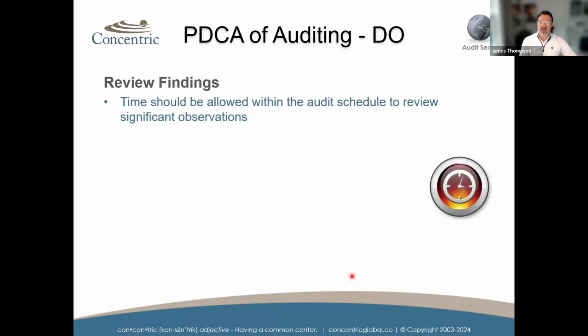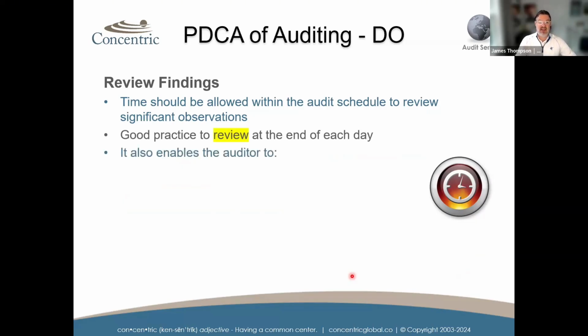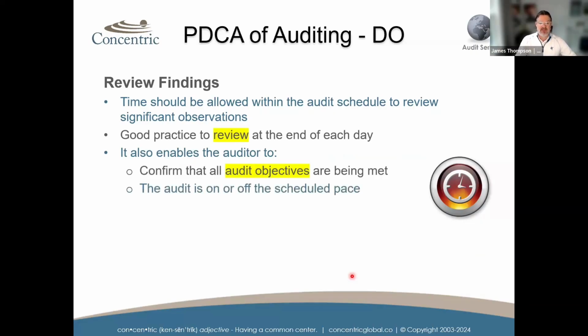Okay. Time should be allowed within the audit schedule to review significant observations. It's a good practice, especially if you're doing a multi-day audit, to do a review at the end of each day. It also enables the auditor to confirm that all audit objectives are being met, the audit's on or off scheduled pace, and make adjustments as needed.